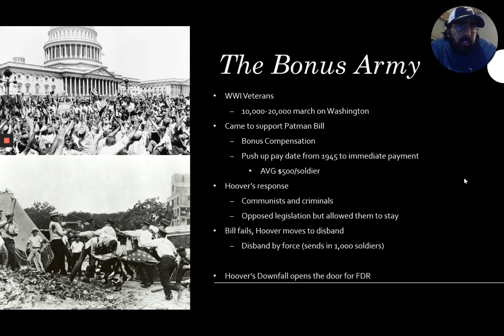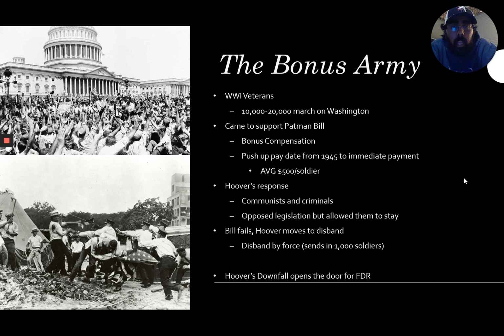And he calls on these two guys, Douglas MacArthur and Dwight Eisenhower, to go out with 1,000 soldiers and literally push these people out of DC, away from the Capitol, using violence if needed. And they do. Now, ultimately, this will spark, well, two things.